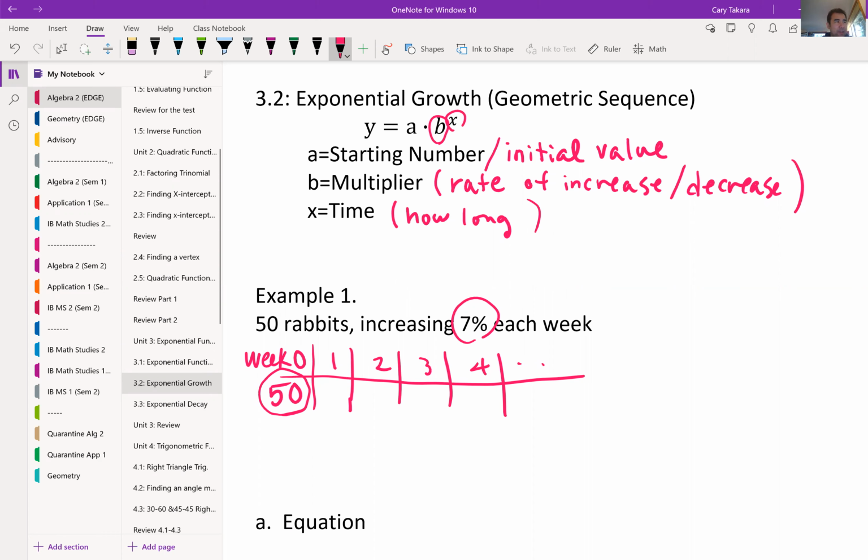Anybody? Very good. You took 7 and divided by 2. Very smart.